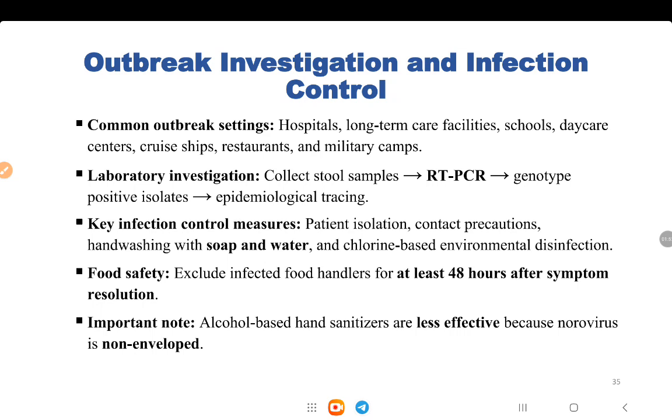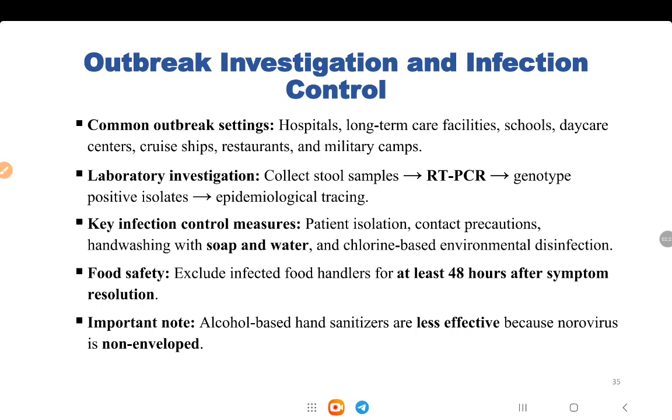The main infection control measures used to control infection include patient isolation, contact precautions, hand hygiene by washing with soap and water, and chlorine-based environmental disinfection. Food safety measures are also required to control infection, starting with excluding infected food handlers for at least 48 hours after symptom resolution.